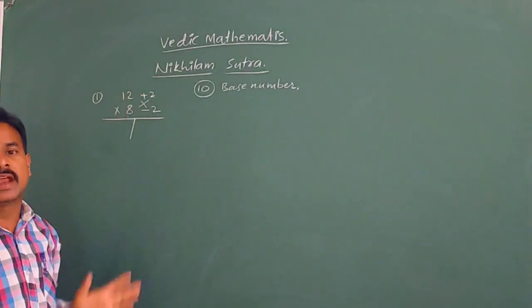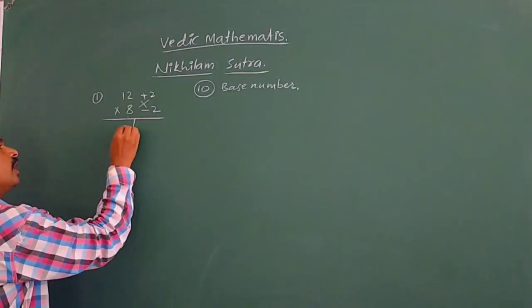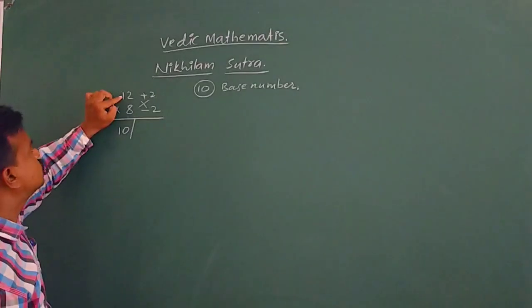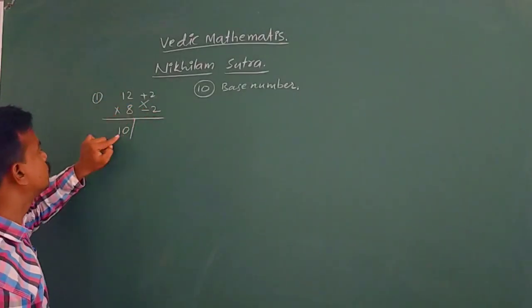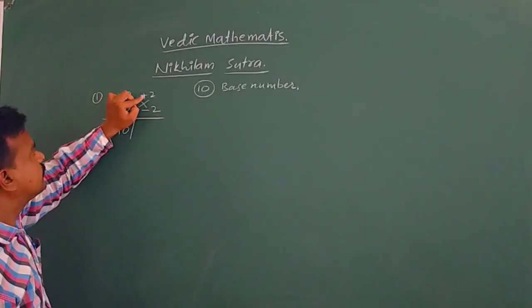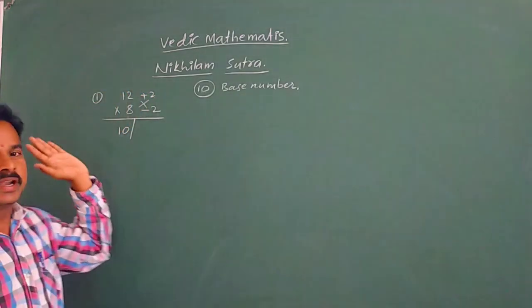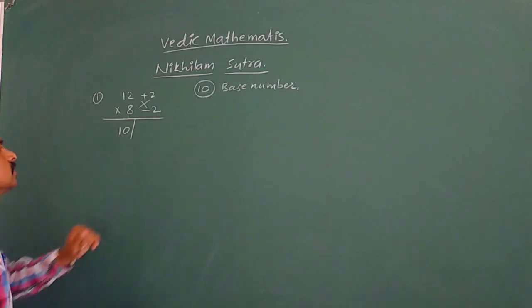In both ways we get 10 only as the answer, so in any way we can write this 10. This left side part is completed, and now the right side part.